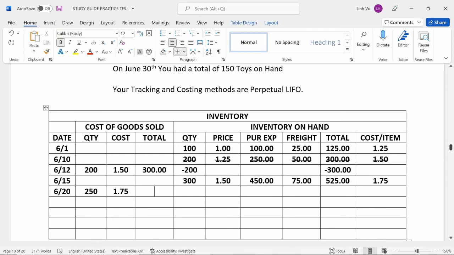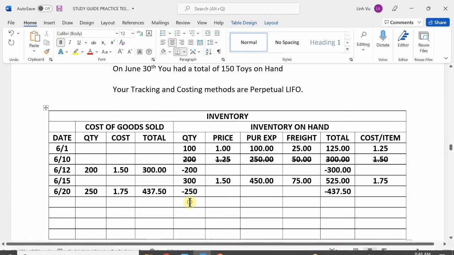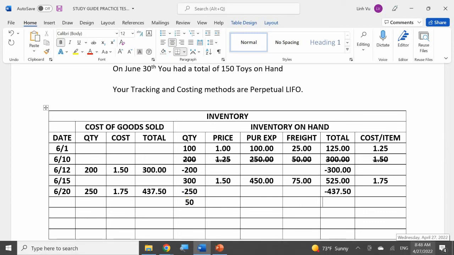So what's $1.75 times 250? $437.50. So minus 250. Okay, you should have a total of 50 units left at a grand total cost of $87.50, right?